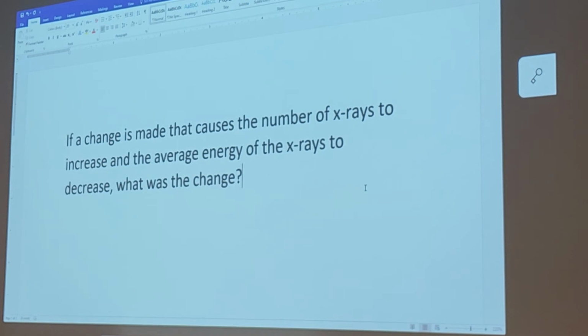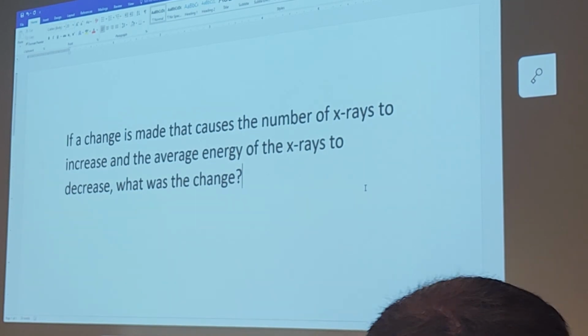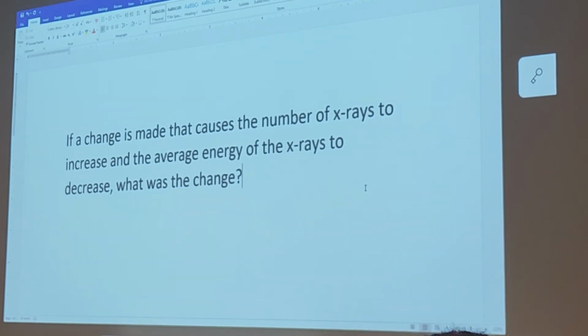Angelica, what do you think? Which way would KVP go? Up or down? Up. Okay, yes. If we increase KVP, we increase the number of X-rays.